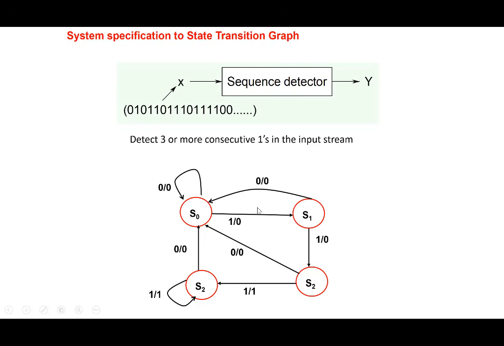So what we see here is that through a state transition graph like this, by looking at the nature of the problem, we can solve that particular problem by thinking in terms of the states of the system.